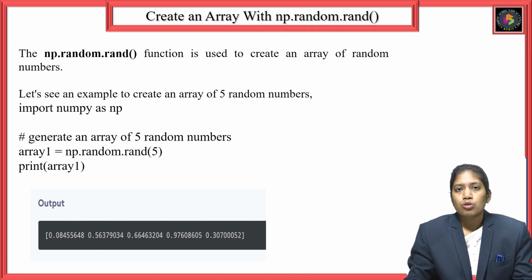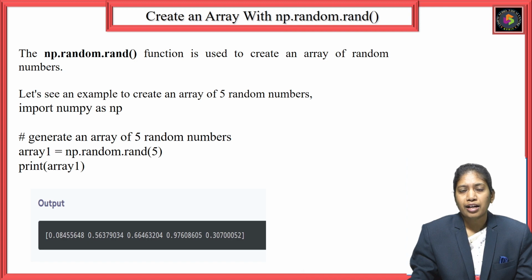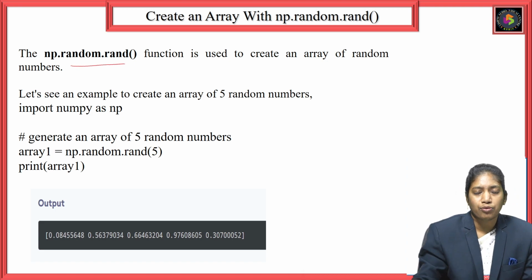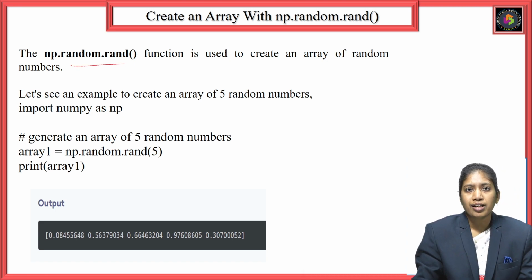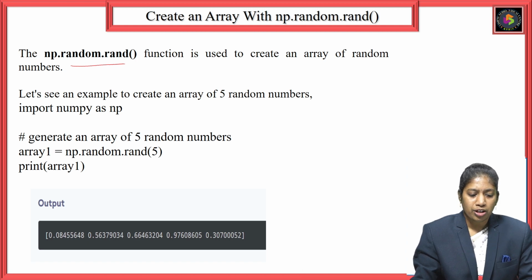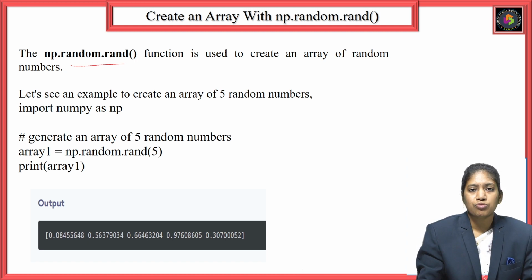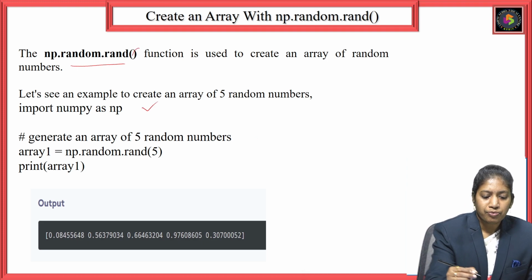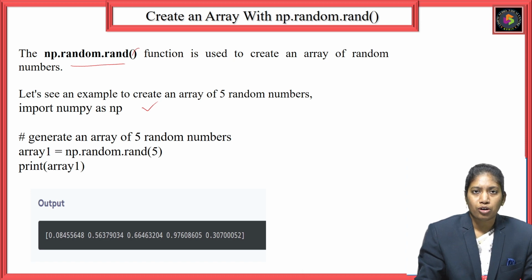Random numbers. We can create an array of random numbers using the NumPy library. In NumPy, we have the random.rand function, which is used to generate random numbers. How many numbers we want to generate, we can give that value inside this function. Here, first I have imported NumPy to get access to the random.rand function.